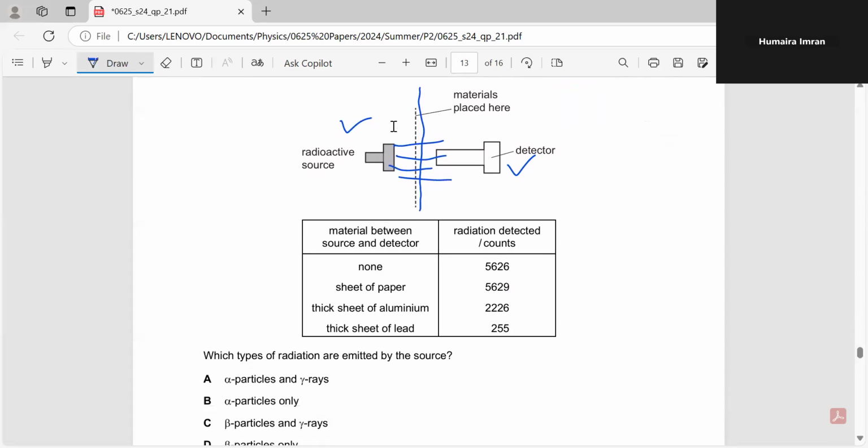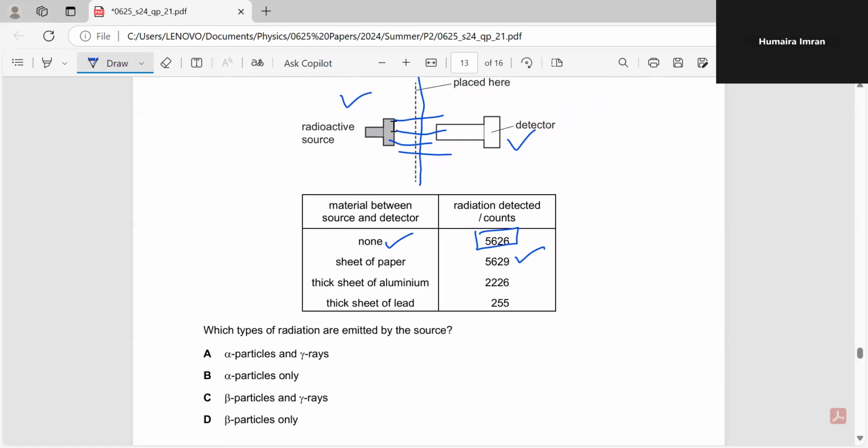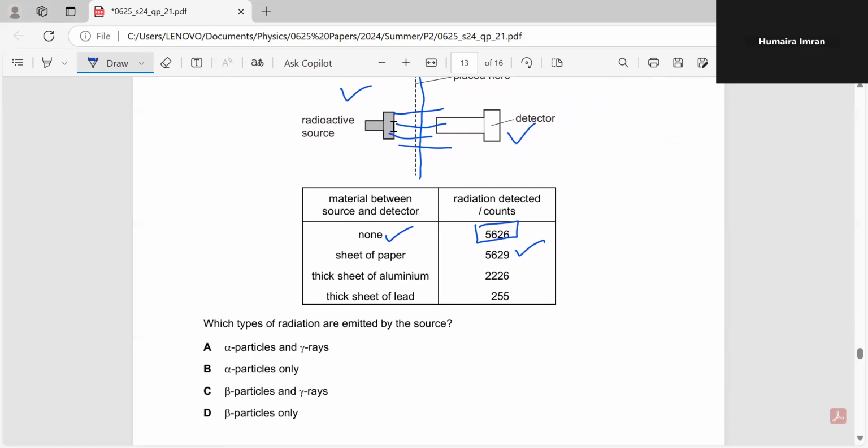Material between source and detector, initially none, gives 5626 counts. Then a sheet of paper gives 5629. Did you notice what the effect is on the count when you place the sheet of paper? 5626, then 5629.